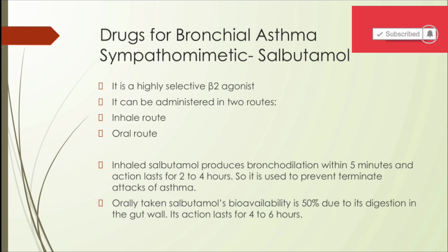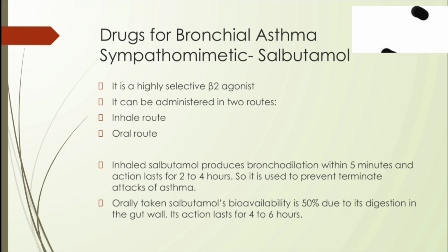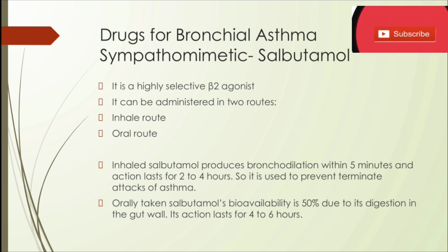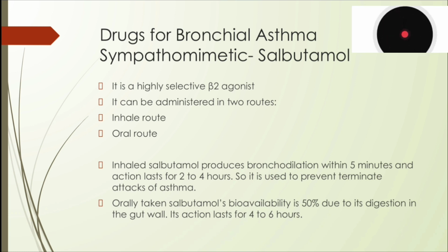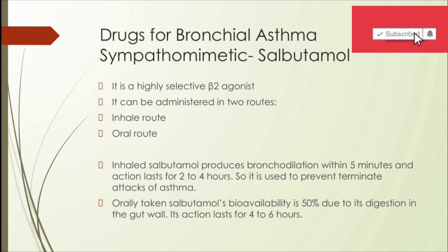The first drug is salbutamol, also known as albuterol. It is a highly selective beta 2 agonist, and cardiac side effects are less prominent for this drug. Selectivity is further increased by inhaling the drug, so the inhaler dosage form is more important.